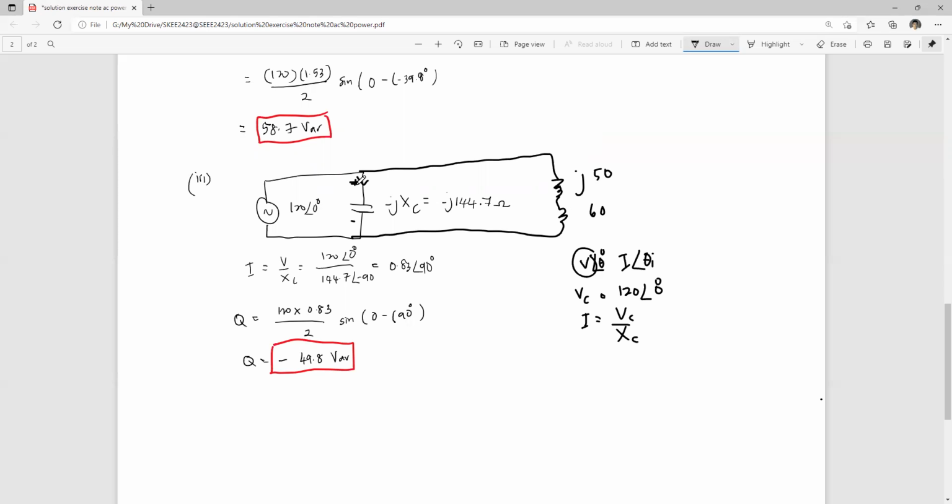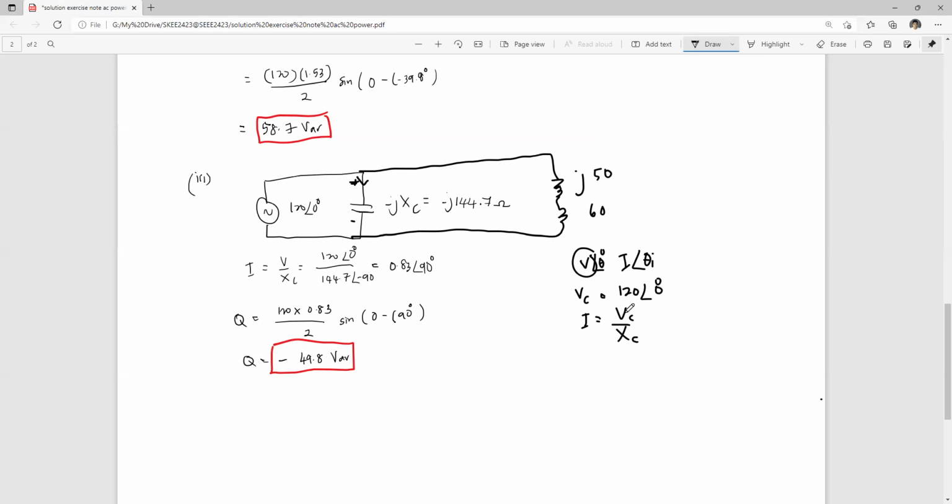For the voltage, it is very easy, because the capacitor is in parallel with the source. So directly we can obtain the voltage across the capacitor as equal to the voltage source, which is 120 with an angle of 0 degrees. To obtain the current, it is very simple, just by using this formula.